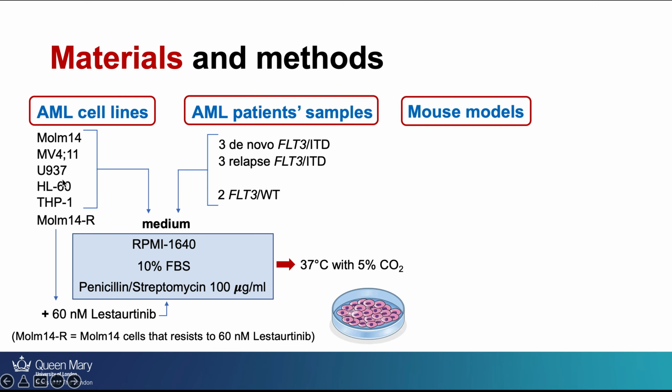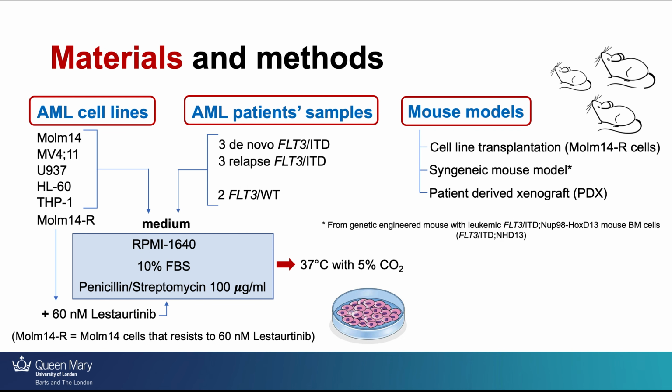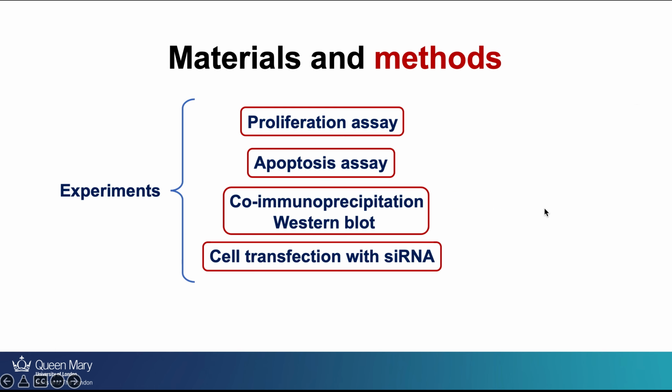The patient samples include FLT3-ITD in both de novo and relapse settings, and FLT3 wild-type as well. The mouse models include cell line transplantation, syngeneic mouse model, and patient-derived xenograft. The experiments include proliferation assay, apoptotic assay, co-immunoprecipitation with Western blot, and cellular transfection with small interfering RNA.